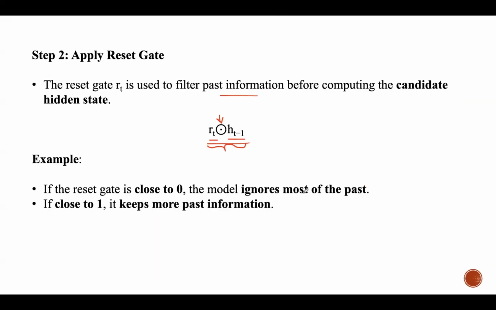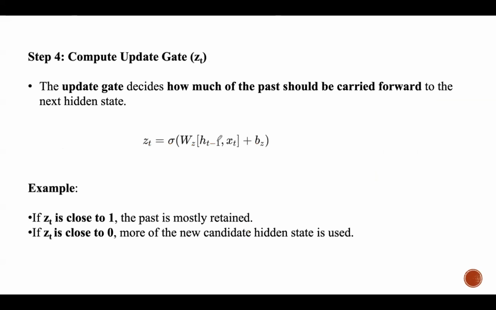Then, coming to the update gate. It decides how much of the past information should be carried forward to the next hidden state. So you can see this zt. This is the update gate at time step t.